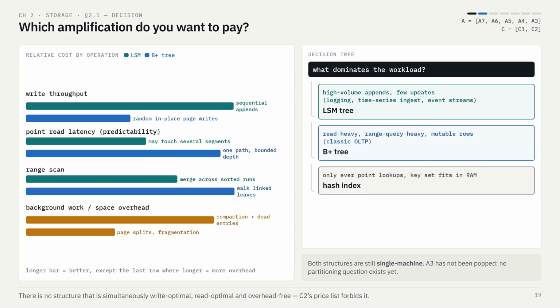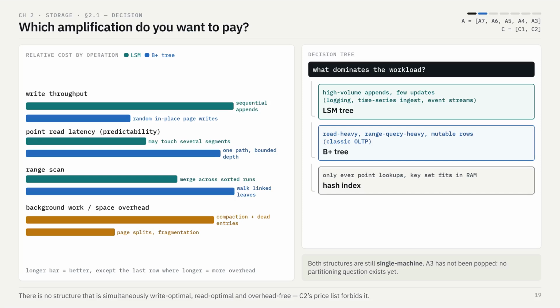On the predictability of point read latency, the B+ tree wins: one path of bounded depth versus a read that may have to touch several segments. On range scans, the B+ tree walks its linked leaves, while the LSM tree merges across sorted runs, and both carry background overhead of different kinds, compaction and dead entries on one side, page splits and fragmentation on the other. So ask what dominates the workload.